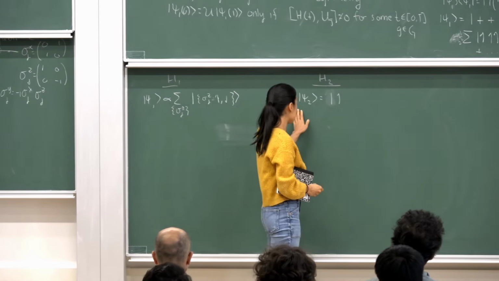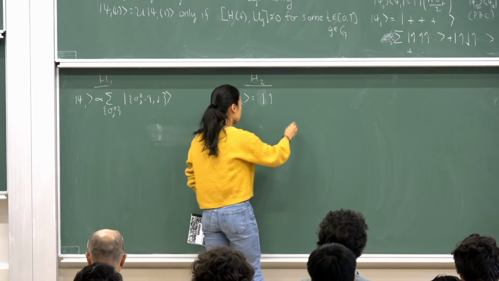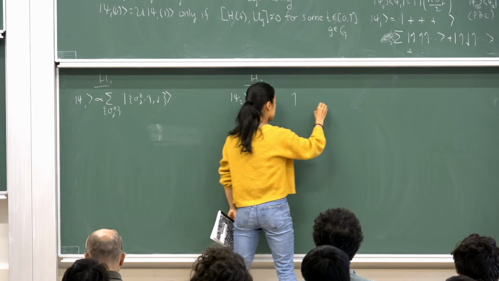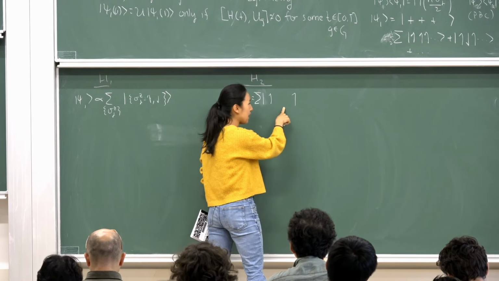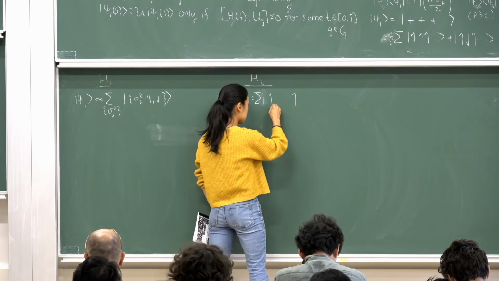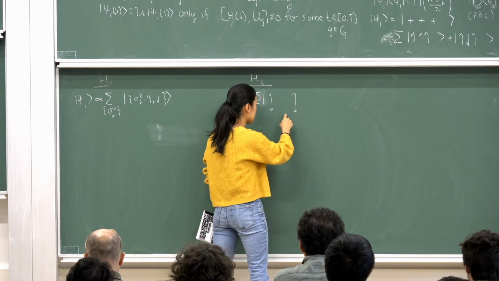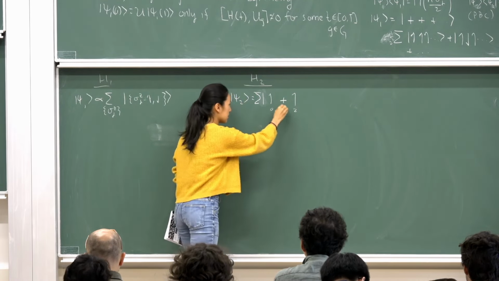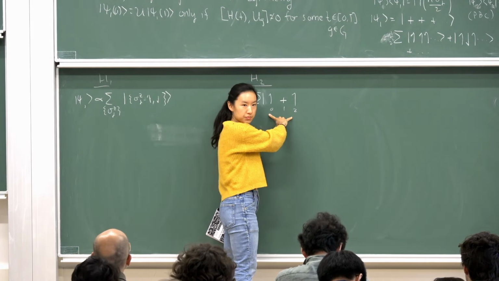But I can also write this psi2 in a very simple form. On periodic boundary conditions, you sum over the domain walls on all the even sites, but the odd sites are conditioned on the even sites. So say site 1 and site 2, then this middle site has to be plus because there's no domain wall between these two.